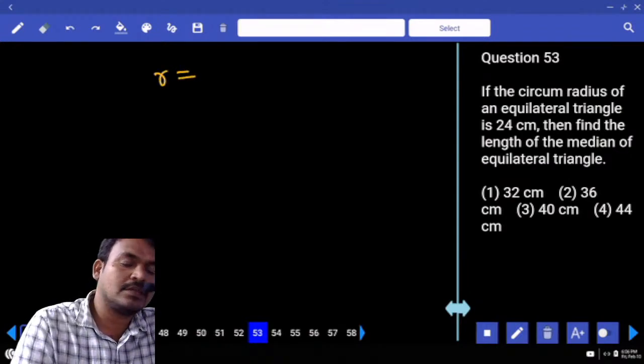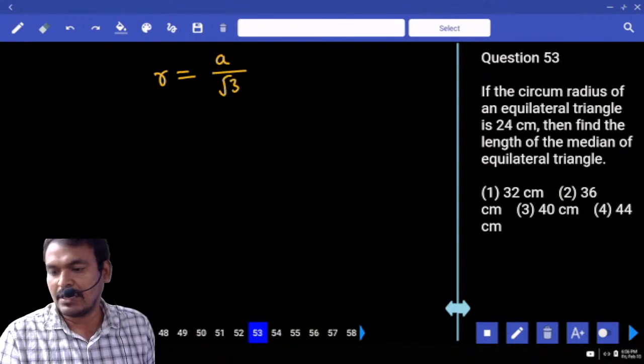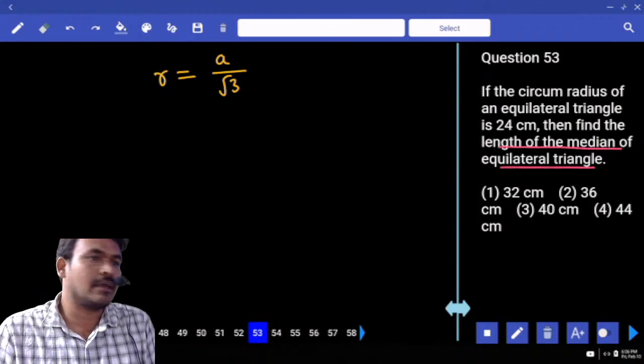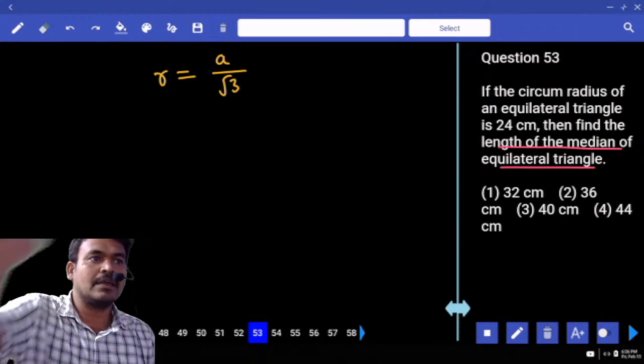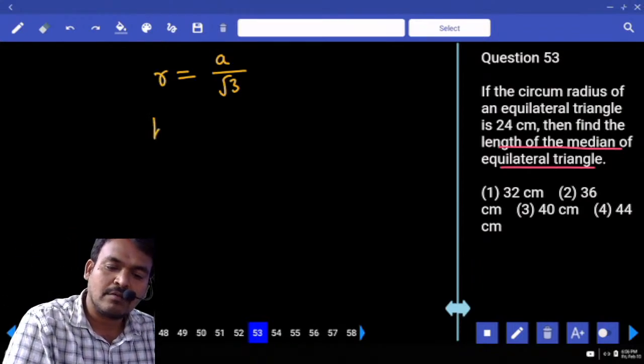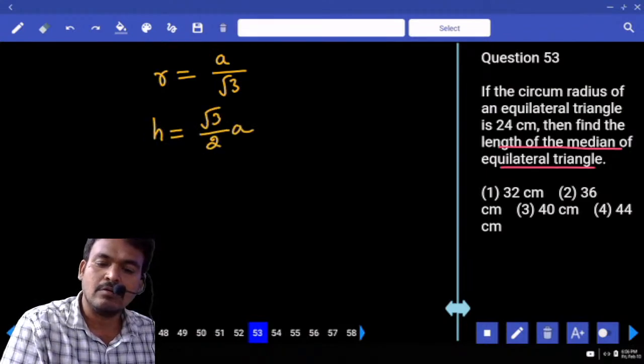Radius value, it is equal to a by root 3 or not? A by root 3. And what is the question here? Find the length of the median of an equilateral triangle. Median of an equilateral triangle means we require the height value or not? What is the height of the equilateral triangle? Root 3 by 2 into a or not?